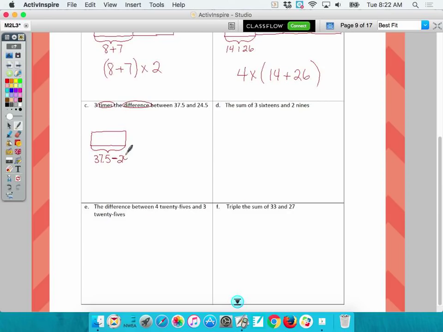minus 24 and 5/10. Now you have to be very careful on the decimals, because on the subtraction, you've got to make sure the largest whole number is first. So I double checked that while I was writing it, did you? Yeah. Okay, so how many times?